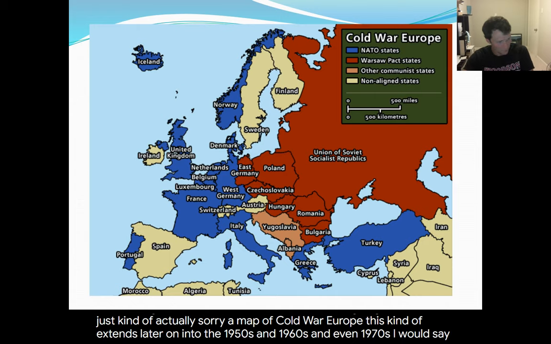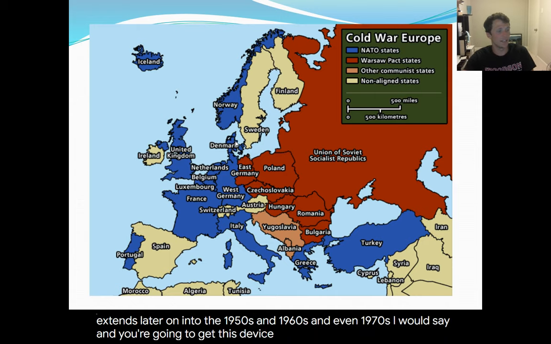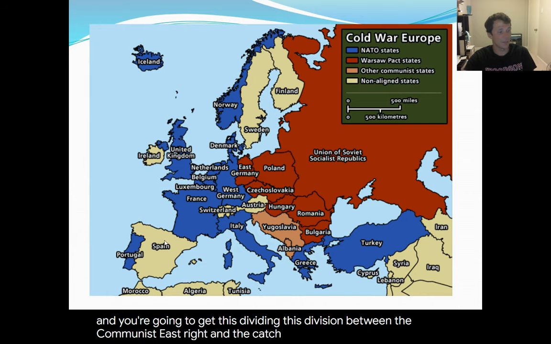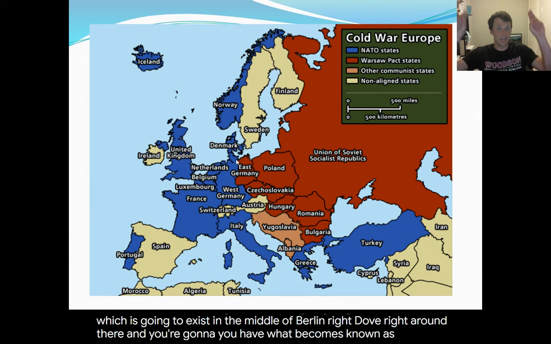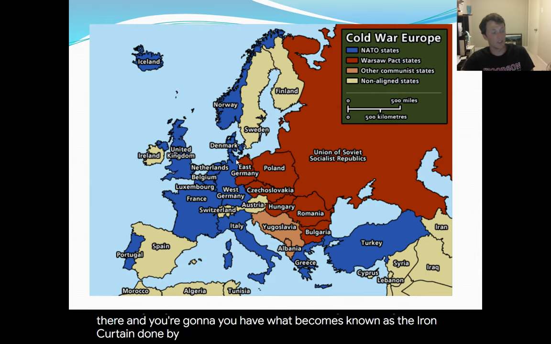You're going to get this division between the communist East and the capitalist West, and you're going to get the Berlin Wall, which is going to exist in the middle of Berlin. And you have what becomes known as the Iron Curtain, dubbed by Winston Churchill, that is going to basically make this border.